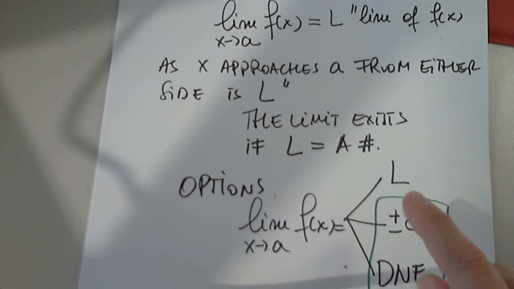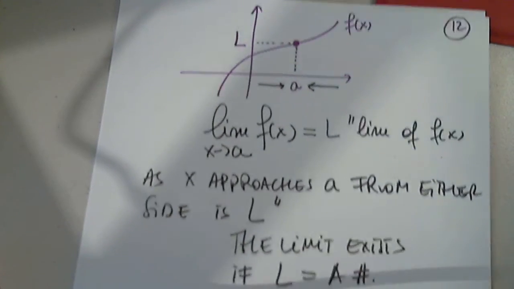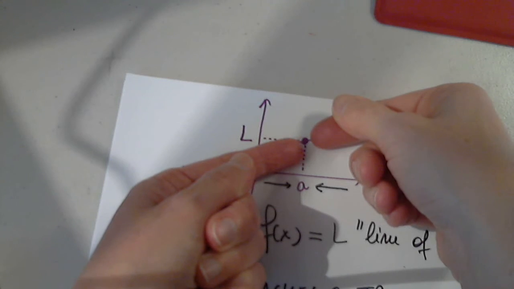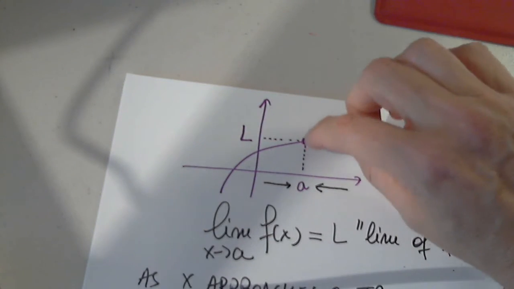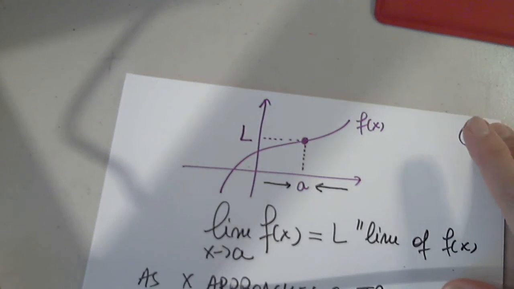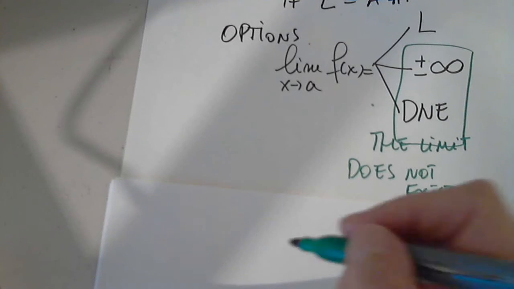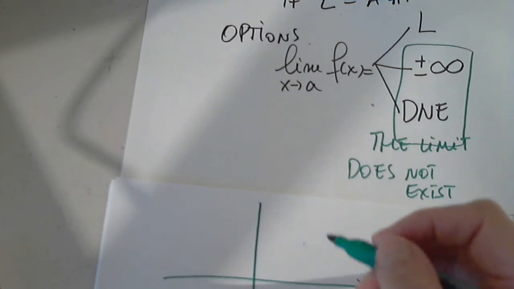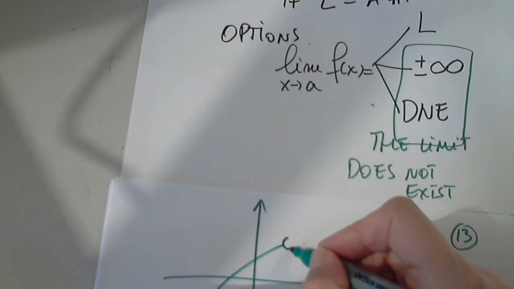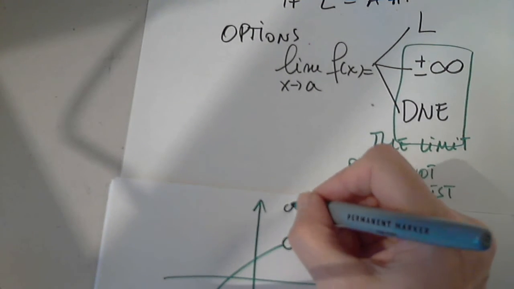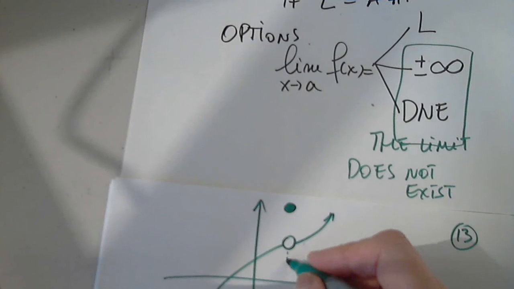So when we talk about the limit from either side, both sides have to approach the same number. Does the function have to be defined there? No. So I can have this situation, not defined at all, or defined here for a.